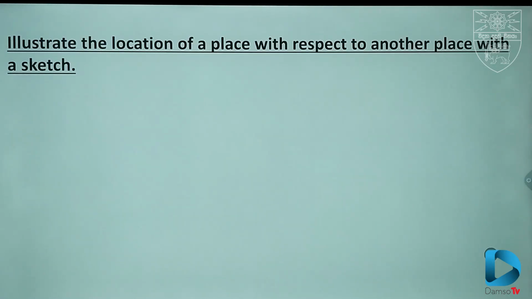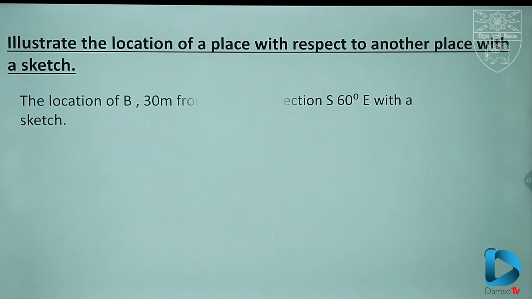Illustrate the location of a place with respect to another place with a sketch. Let's see the question. The location of B is 30 meters from O in the direction S 60 degrees E. Now here you can see the distance is given. After drawing the sketch, let's express the direction first.